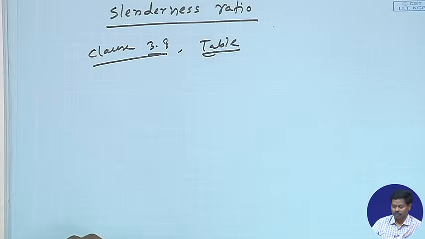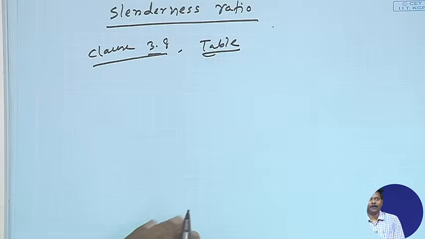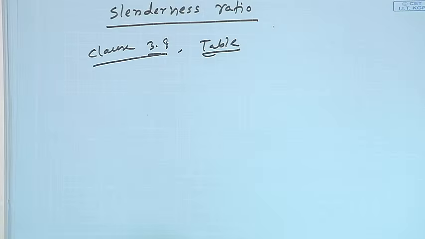So, why are we providing slenderness ratio in case of tension member? Because to make sure that vibration is not going to be more. From limit state of serviceability point of view, we have to restrict certain slenderness ratio, so that the excessive deformation can be restricted.